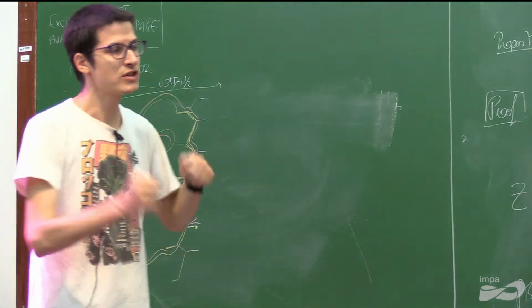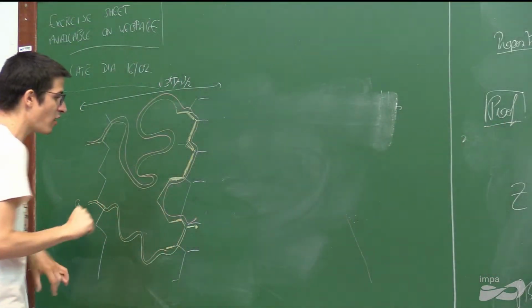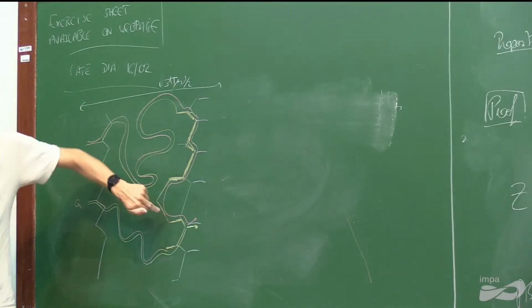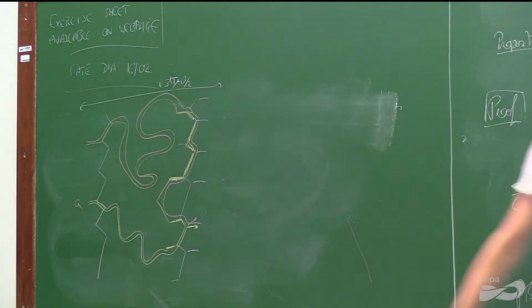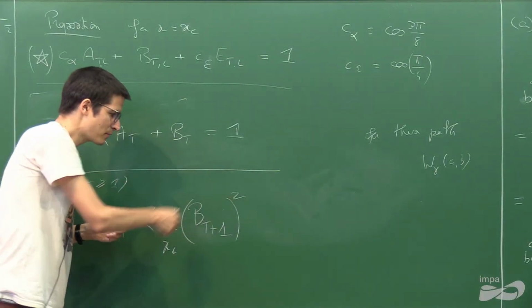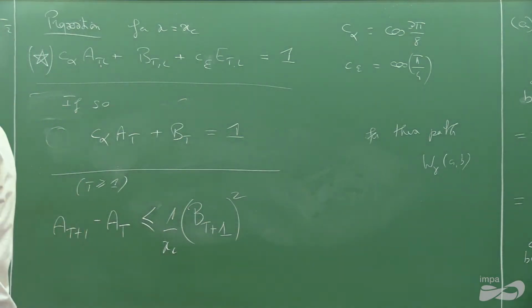And when you sum over this path x to the length, it's the same as summing over a pair of bridges x to the sum of the lengths minus 1. And this sum over the pair of the two bridges is exactly 1 over x_c, B_{T+1} squared. And here we are overcounting because we are also summing pairs of bridges that do not correspond to an orange path.